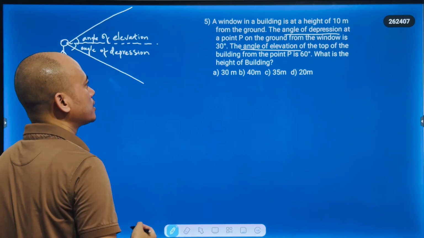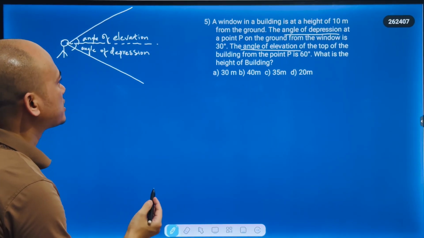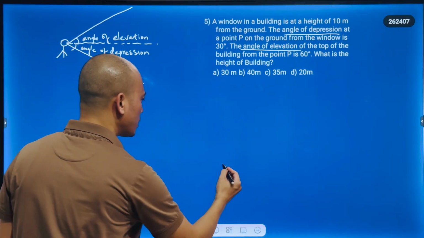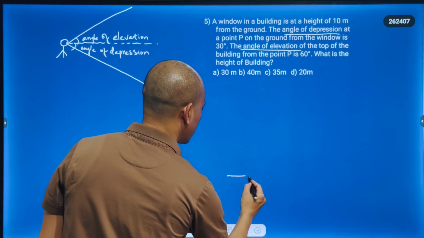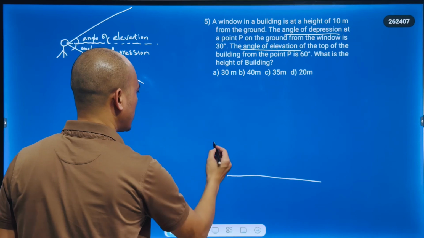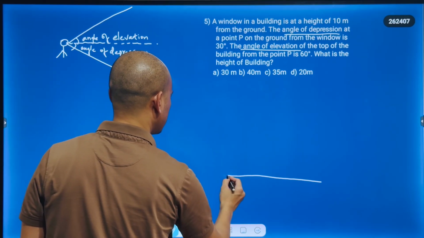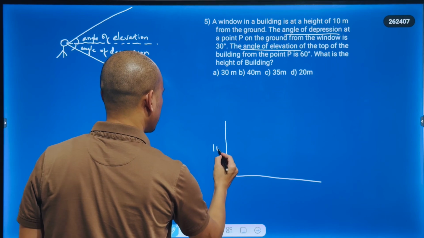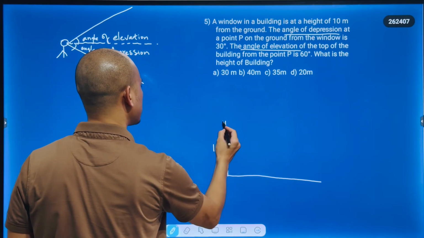So here it says a window is at a height of 10 meter from the ground. Suppose this is the ground, and from here the height is 10 meter. The window is somewhere here.